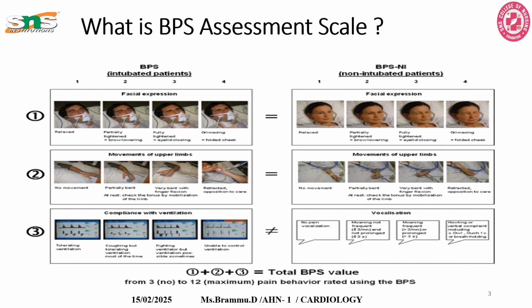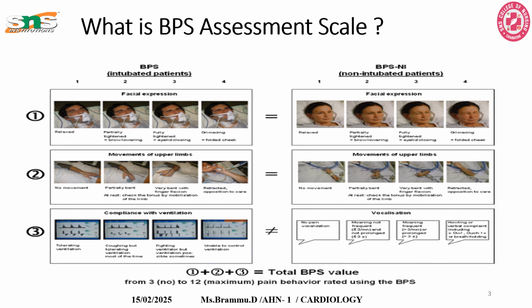In case the patient is fighting with the ventilation settings, unable to synchronize, then the patient will get a score of 3. In case the patient is unable to control the ventilation at all, then the score rises to 4 in a mechanically ventilated patient.